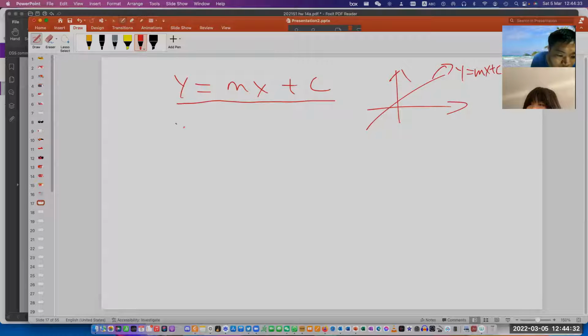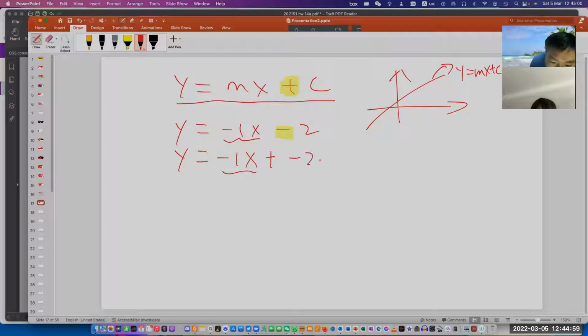Now you have y equals to minus 1x and then minus 2. You are saying that this is plus, this is minus, so there is some difference. Let me change this: y is equal to minus 1x, and minus 2 is actually plus minus 2. Because with plus minus, you convert to minus.